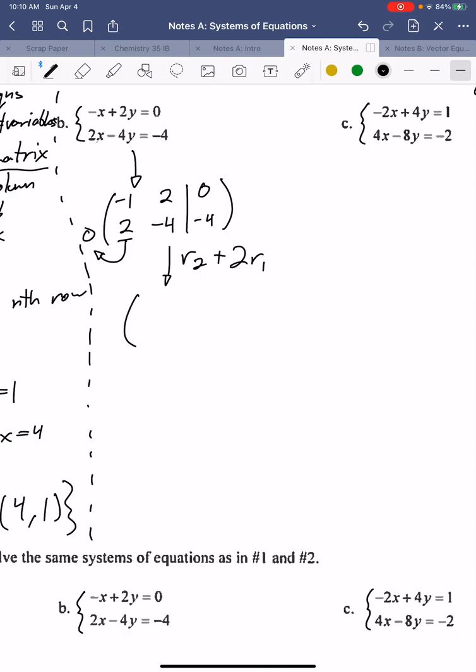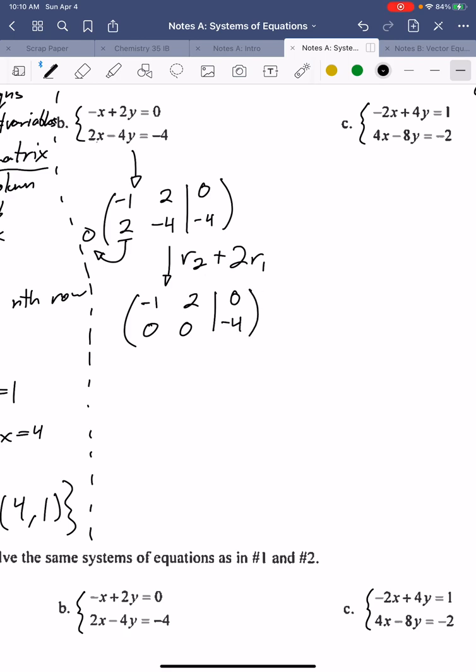What does that do? Well, it doesn't change the first row, that's for sure. But the second row: 2 plus 2 times -1 is 0. -4 plus 2 times 2 is -4 plus 4, which is also 0. And then -4 plus 2 times 0 is -4.